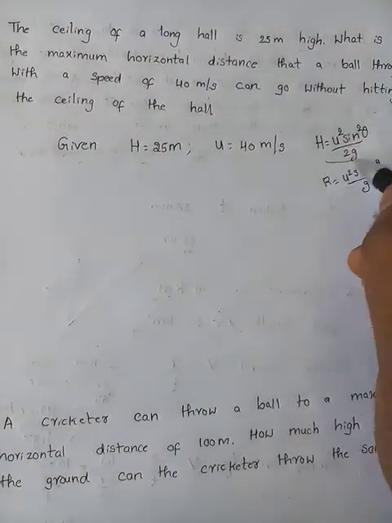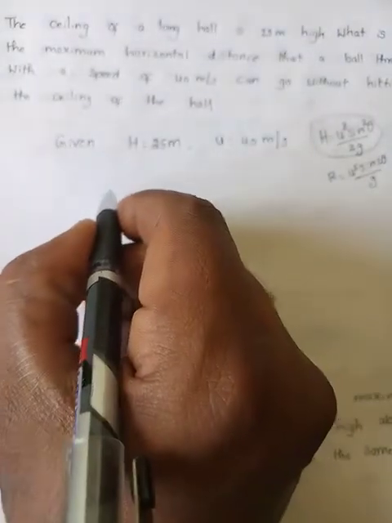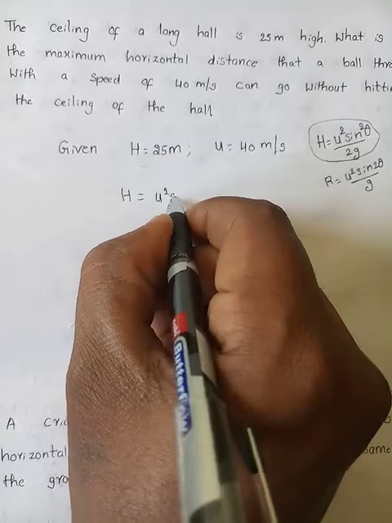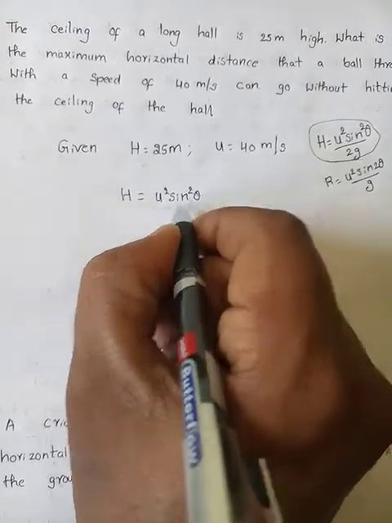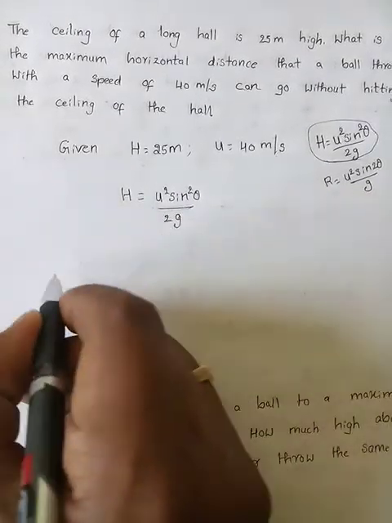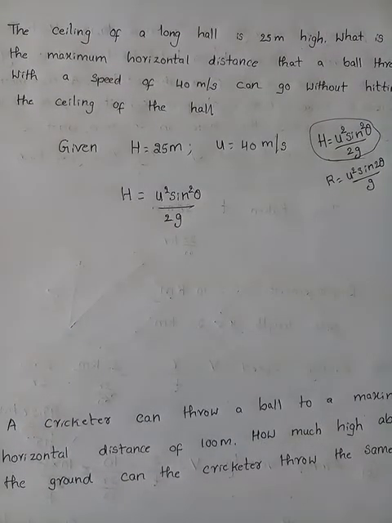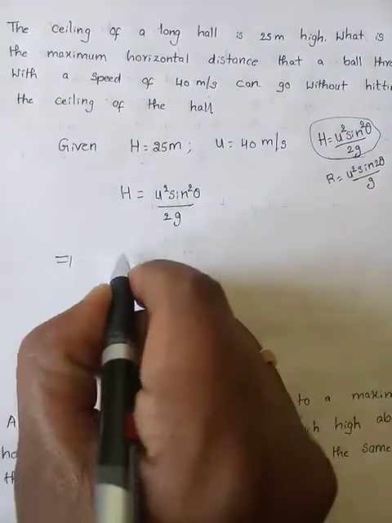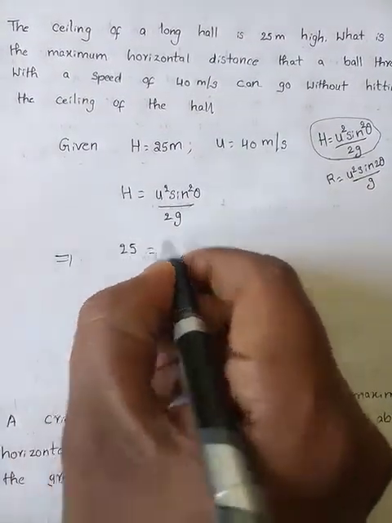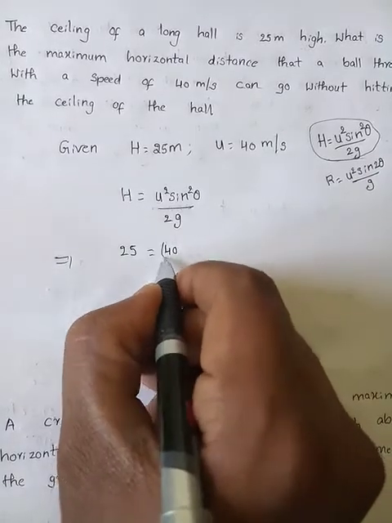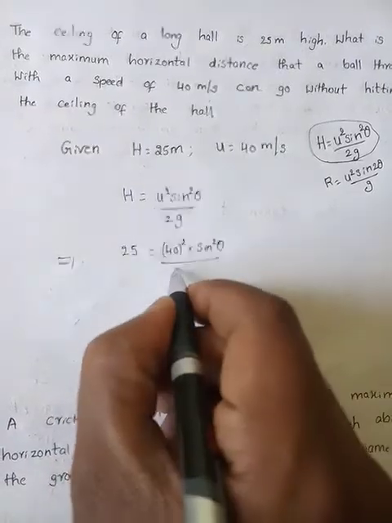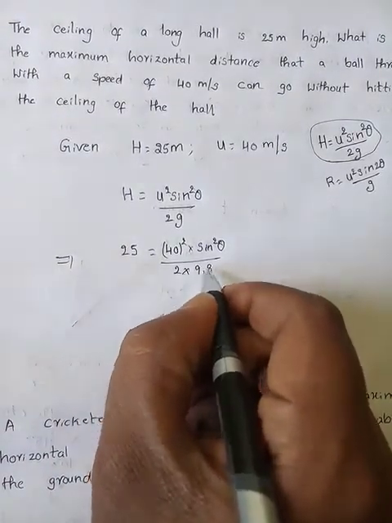We should calculate theta from this, so let us substitute the values. We know the value of h is u² sin²θ / 2g. Let us take g as a fixed value of 9.8. Substituting the values, h is 25, u² is 40², into sin²θ by 2 into 9.8.